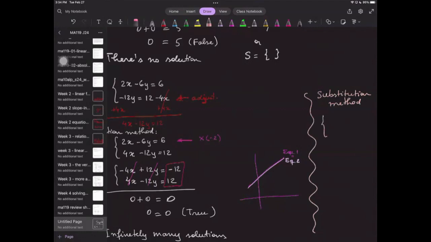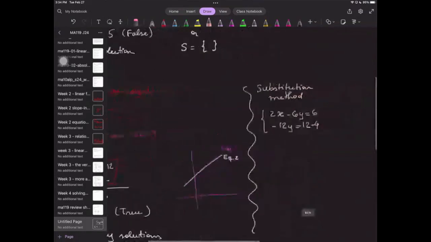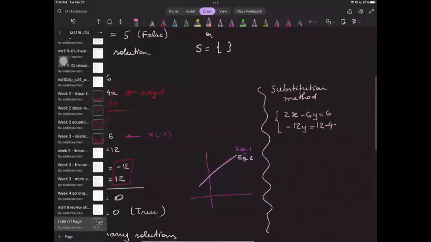And let me write again the same equations as I had in the beginning. 2x minus 6y equals 6. And then I have negative 12y equals 12 minus 4x. Okay, so that's exactly the same example, but I'm going to solve it this time by the substitution method.